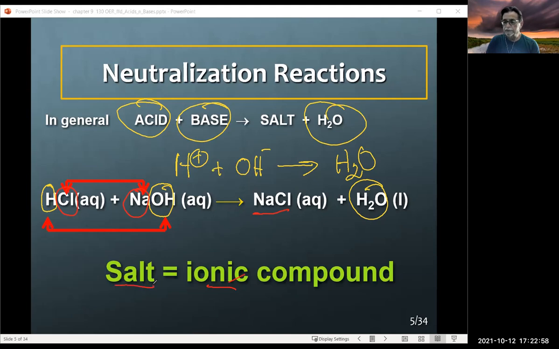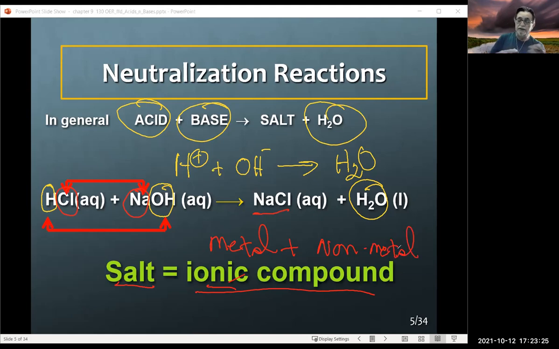We call it a salt, and we tend to think salt is just simply sodium chloride, but remember, in chemistry, a salt is any ionic compound, which is a metal plus a non-metal. Okay, so it's not just defined as sodium chloride. You've got potassium chloride, potassium bromide, any metal, non-metal combination is considered a salt. So that is our neutralization reaction.